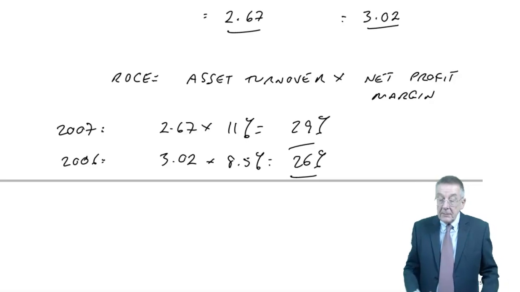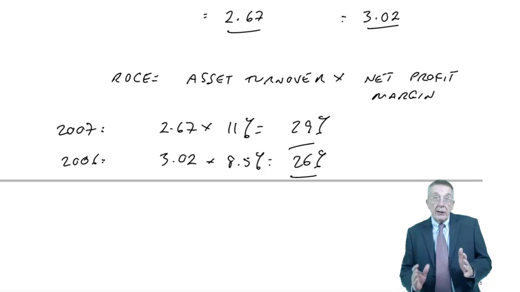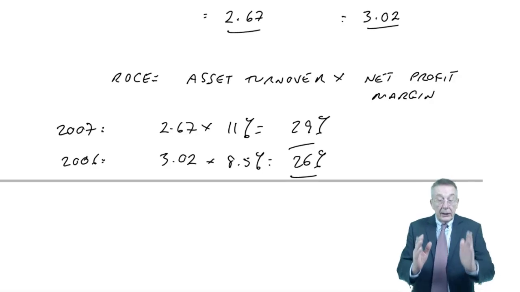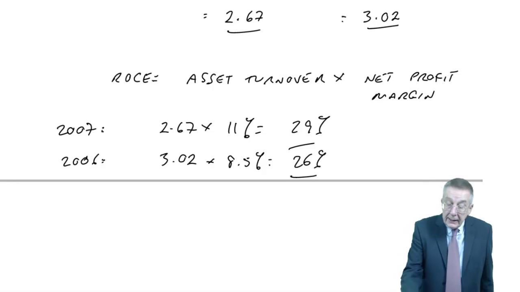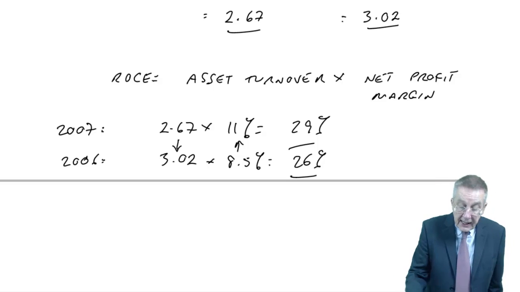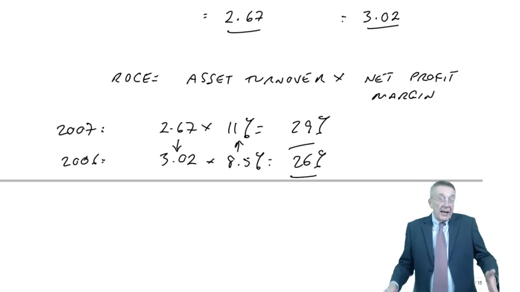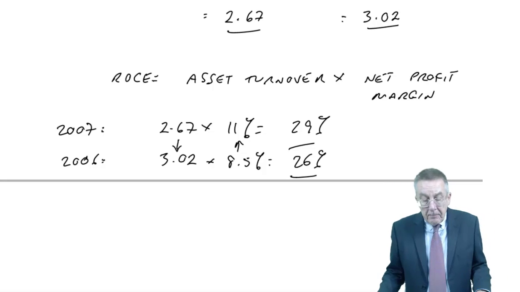It's these two multiplied together. We can achieve it by either increasing the net profit margin or increasing asset turnover, or both. So here, net profit margin went up. We did well. Asset turnover went down, albeit the two together were okay. And of course, they can be related.